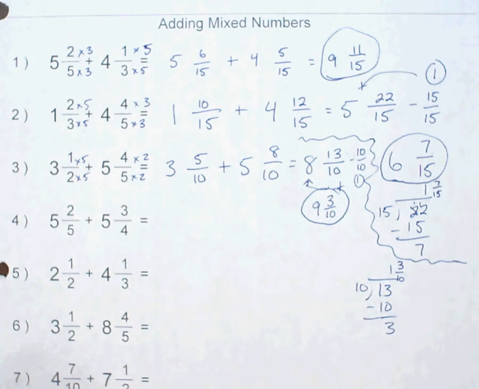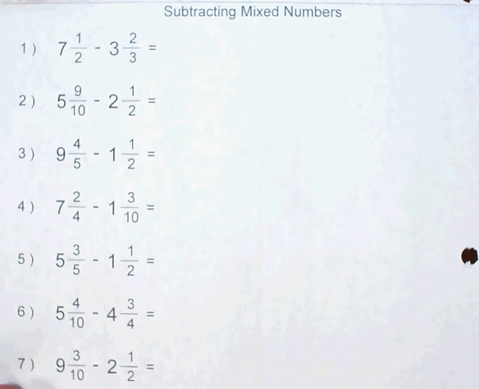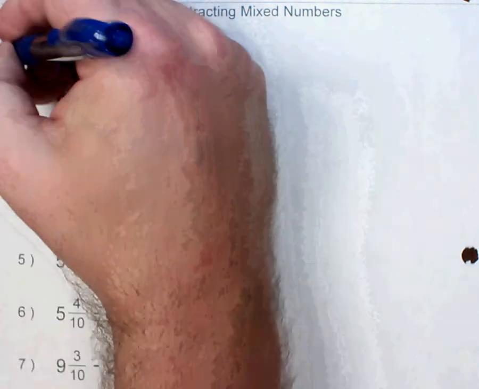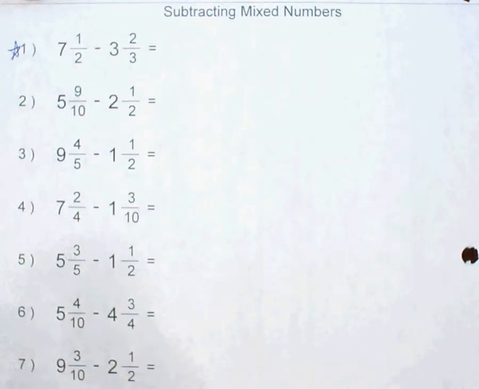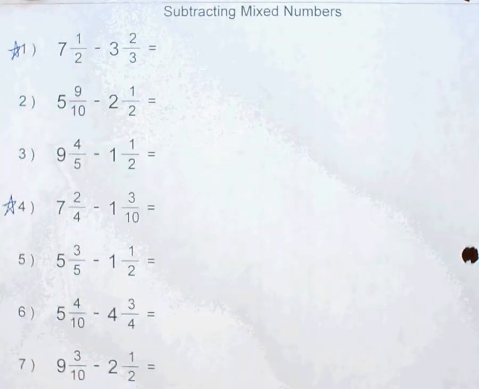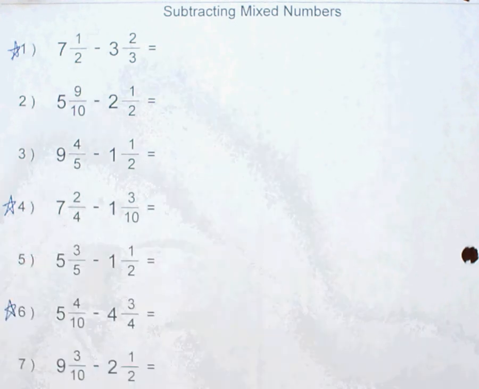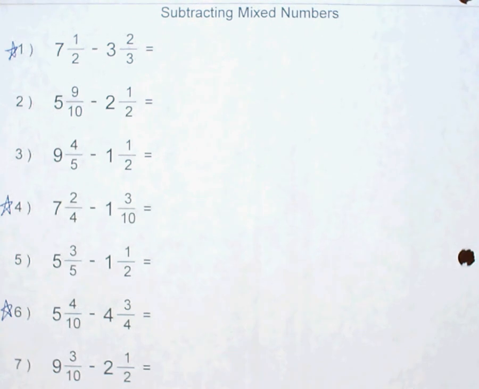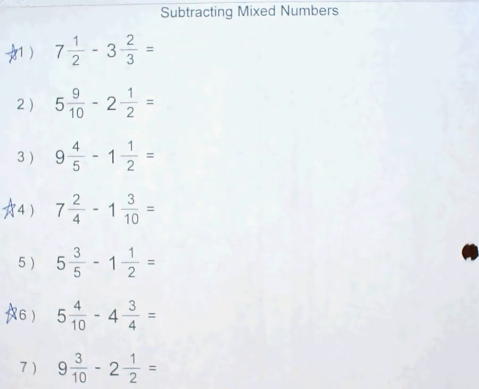Alright, let's switch gears and go ahead and do some subtraction on the other side. I'm going to do number 1 and number 4 and number 6, because I believe all three of those are going to require some regrouping.